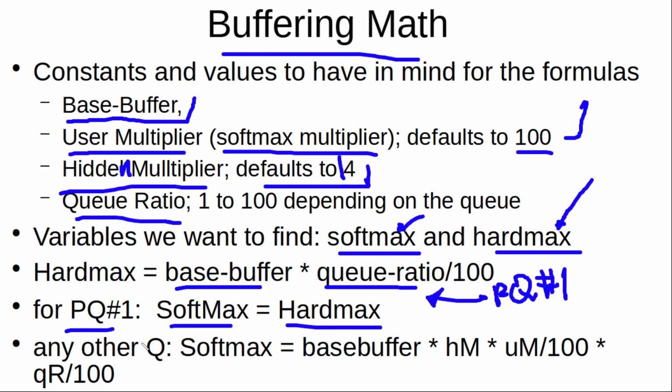Then for any other queue, to know the queue SOFTMAX, you have to multiply the base buffer by the hidden multiplier that defaults to 4, by the user multiplier that defaults to 100 and divide that by 100, and then multiply that by the Q ratio that you configured for your queue divided by 100.